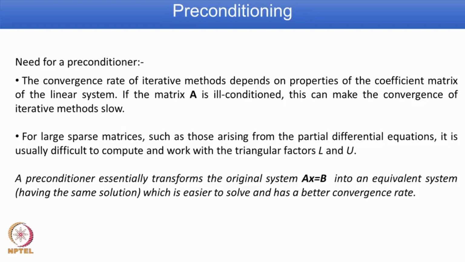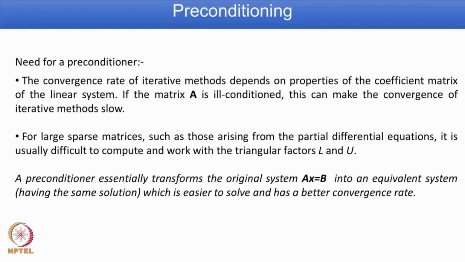And for large sparse matrices, which usually happens when you deal with PDE for fluid dynamics or heat transfer, it is usually difficult to solve such a situation with the help of LU decomposition. In those situations, we follow a procedure called a preconditioner.